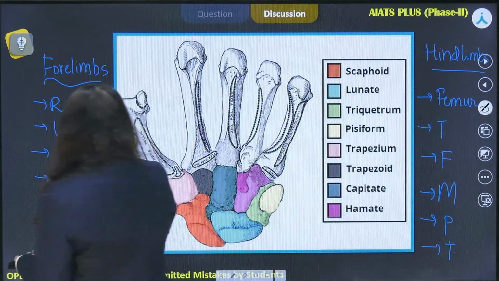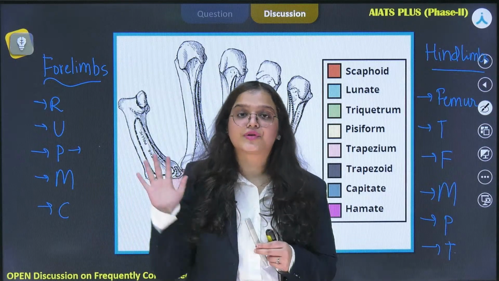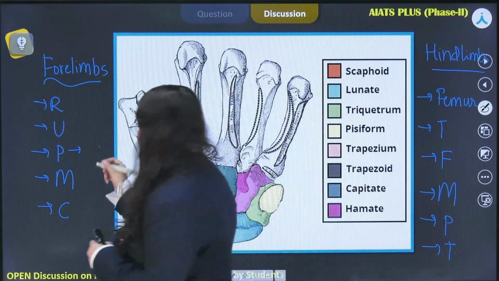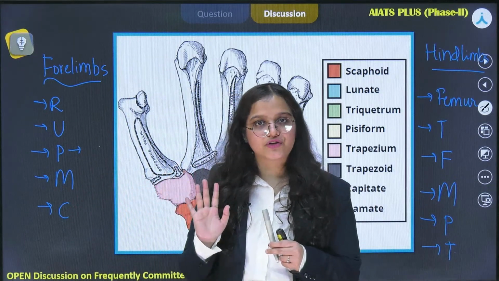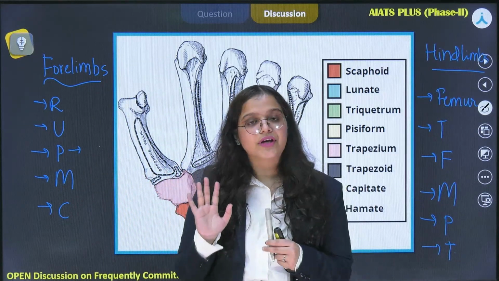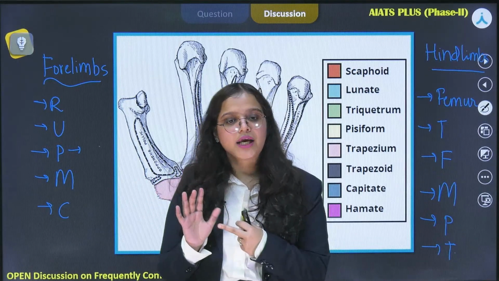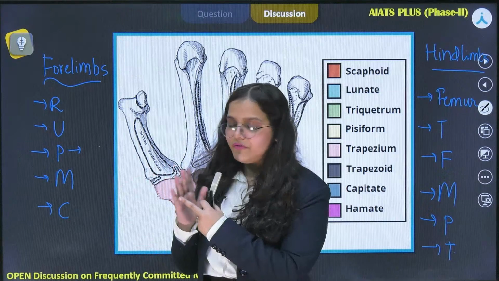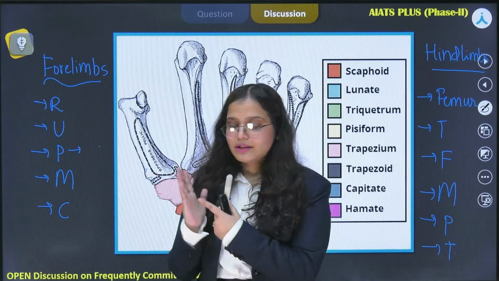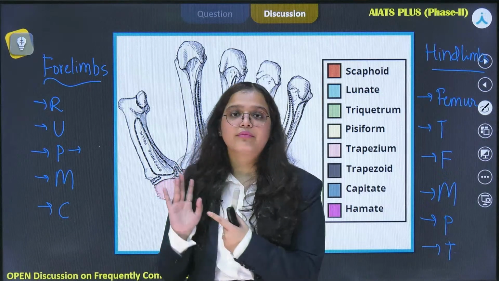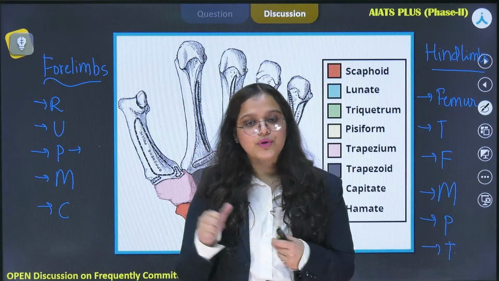My phalanges are basically the digits present in our hands. So my fingers are composed of phalanges. If we count closely, we have 14 phalanges. In the thumb we have 2 bones, and in the other fingers, you can see the lines, each finger is made up of 3 bones except the thumb, which is made up of 2 bones only.